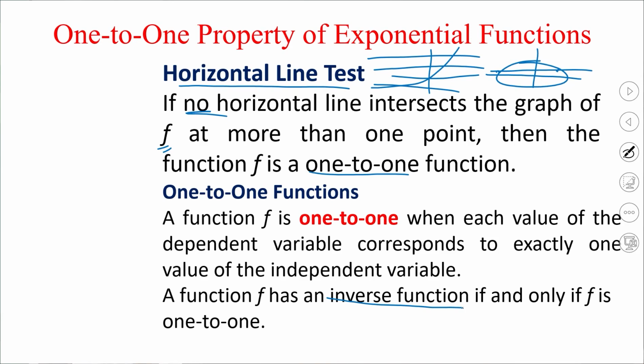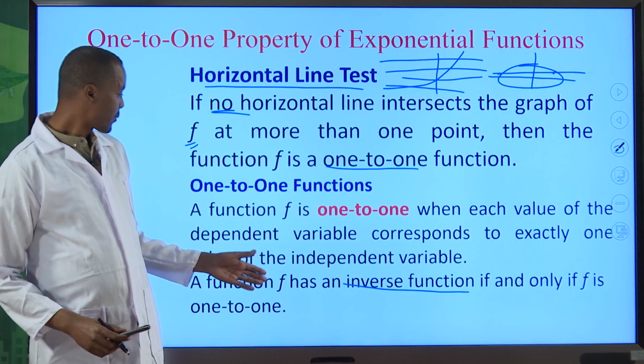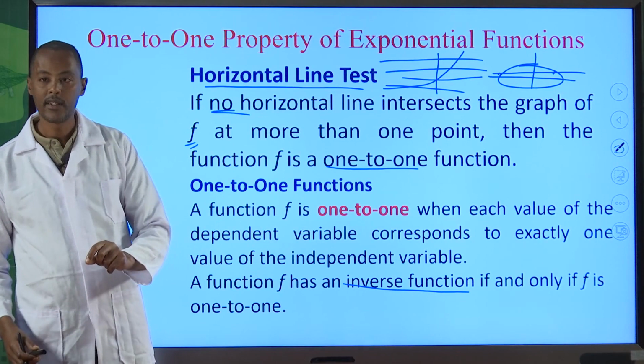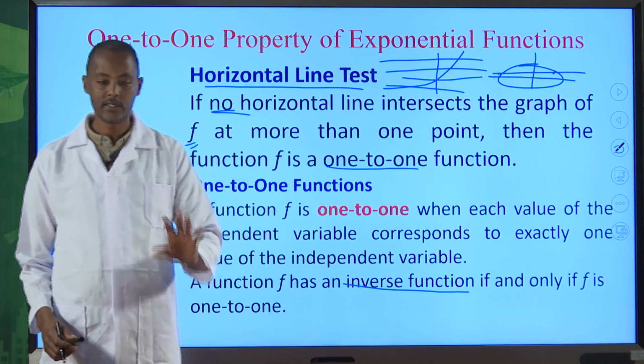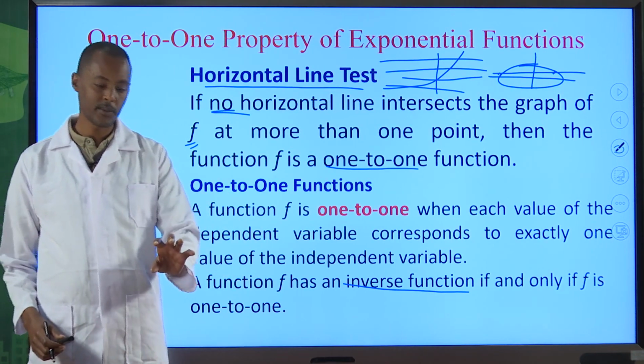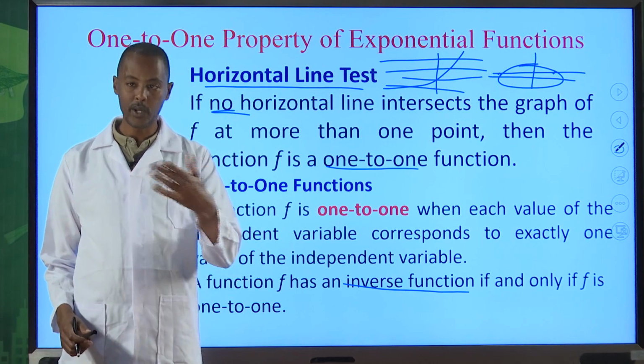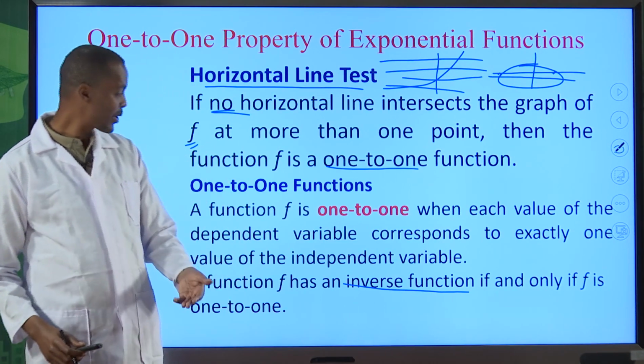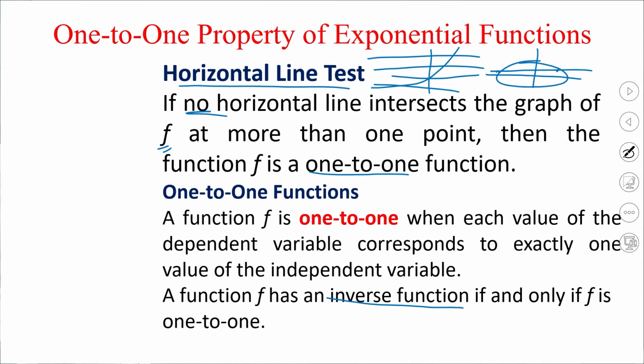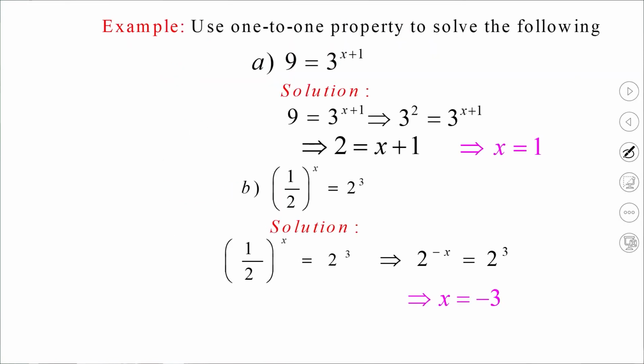This is what I want you to recognize in this lesson. If no horizontal line crosses the given function in more than one point, it is a one-to-one function, and the consequence is that it will have an inverse function.